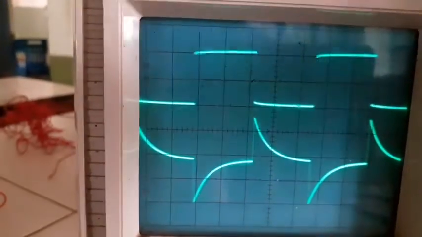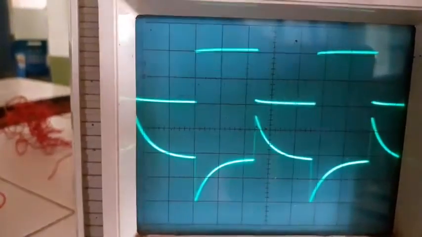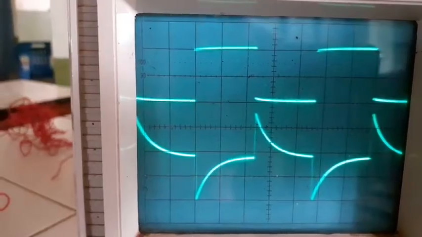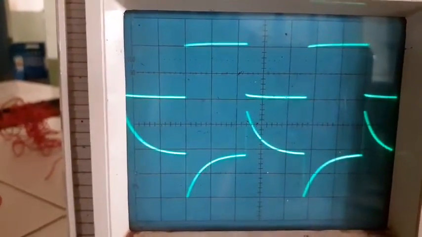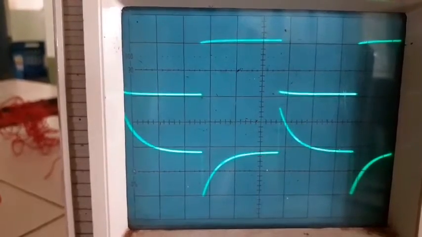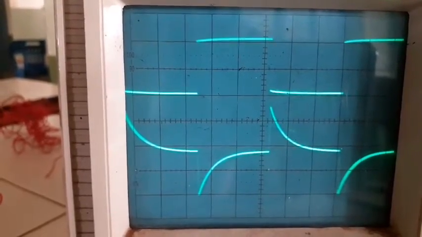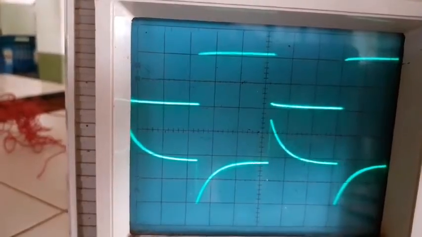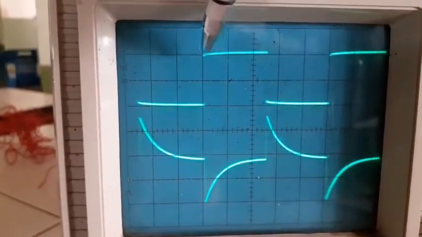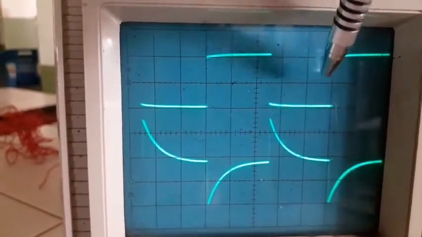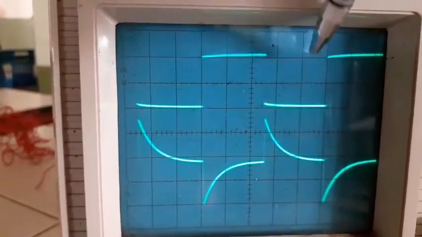For 1, set it properly. Yes, 1, 2, 3, 4, 5. 5 divisions of this square wave.